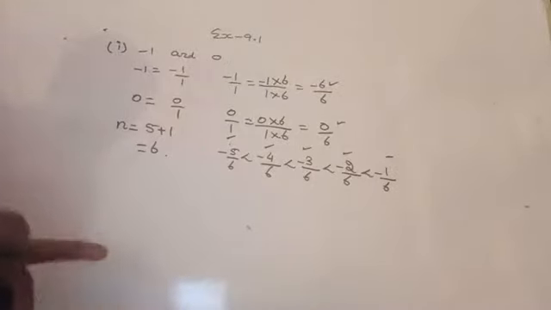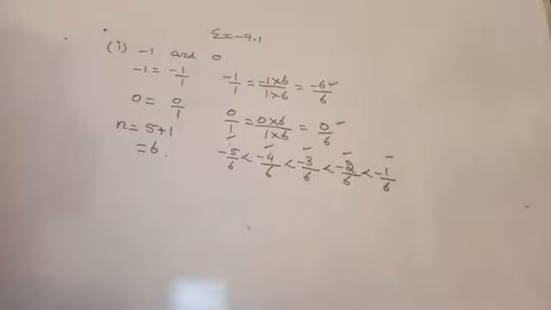So already we know how many rational numbers we can find between any two rational numbers. Yes, we can find infinite rational numbers between any two rational numbers. Right? What is the definition of a rational number?